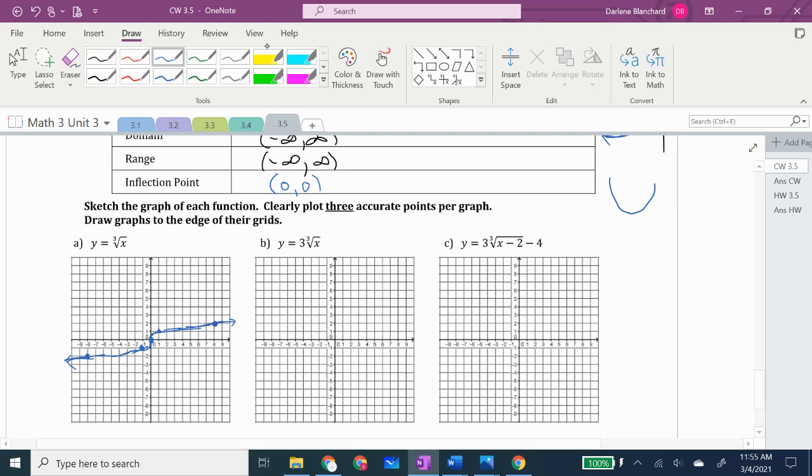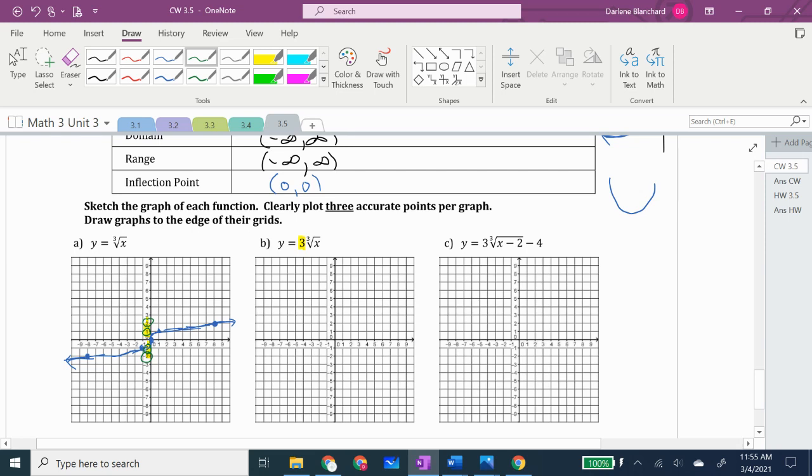In part B, we are taking that parent graph and multiplying by 3. So that means the y values that I see, the y value 1 and the y value negative 1, 2, and negative 2. Those were the specific y values that we have. So I'm going to circle those numbers.